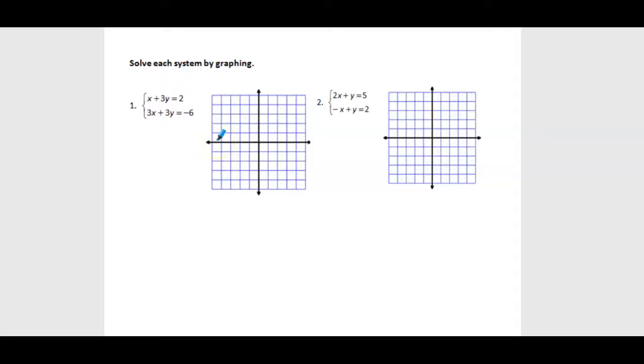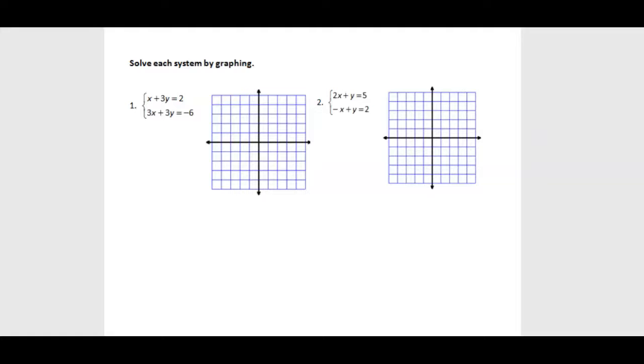So the only difference is that if they're in standard form, you can't really compare the slopes easily. So you have two choices. We can do what we did on the back of the homework, which is to rewrite all of the equations in slope-intercept form, or you can graph them and see if they're parallel or intersect.